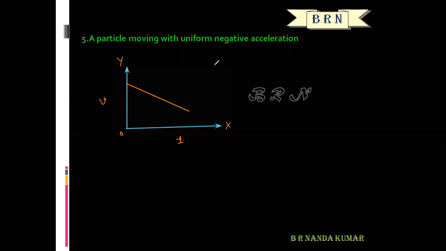A particle moving with uniform positive acceleration means as the time increases, the velocity of the particle increases by equal amounts in equal intervals of time.